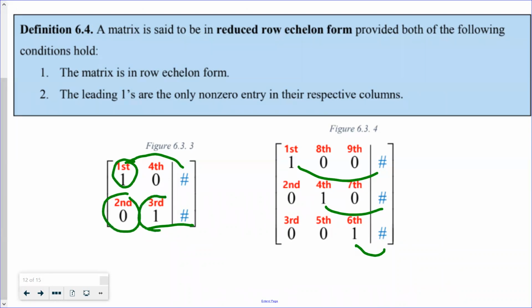Then you'd get a 1 here, and then a 0 there. So you're kind of going in a circle like that. In this next one, you're going to go in this order. So first, second, third. So you get the 1, 0 underneath it. Get the next 1, 0 underneath it, and then get the 1. Then you get a 0 above that, 0 over here, and then 0 there.